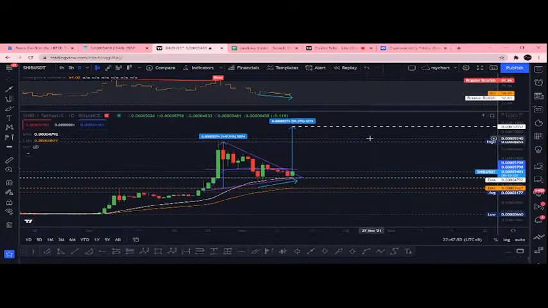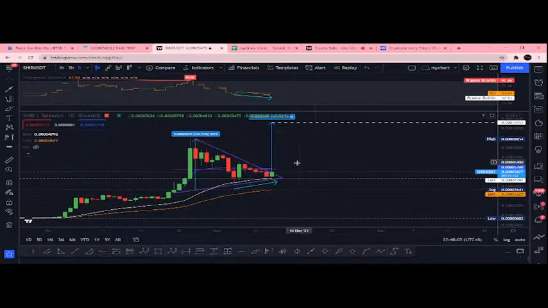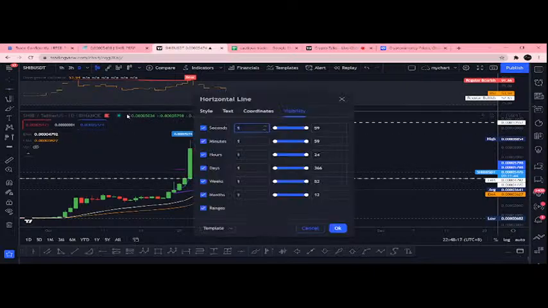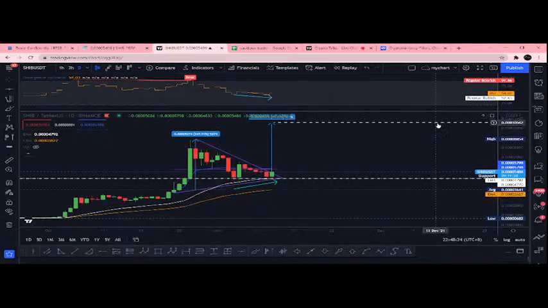The support I'm looking at is the previous low, which is close to 45, I think. 4,500, no, it's the 48, or the EMA 30. So this is our support. This is our target.